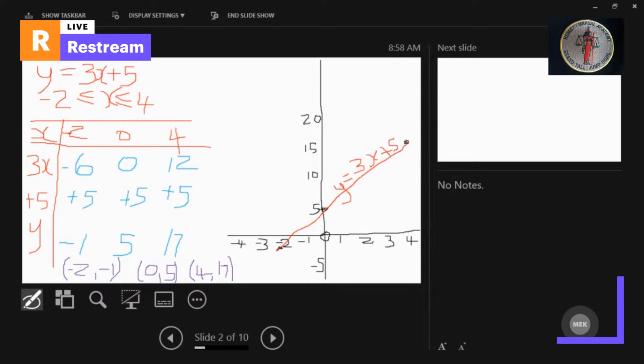So in this case, the x was positive. We have a 3x. I'm going to now make the x negative. So you notice this line here with the positive 3x is oriented to the right. Now we're going to see what happens if we make the x term negative.